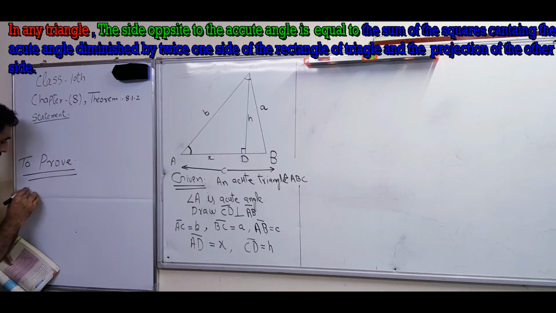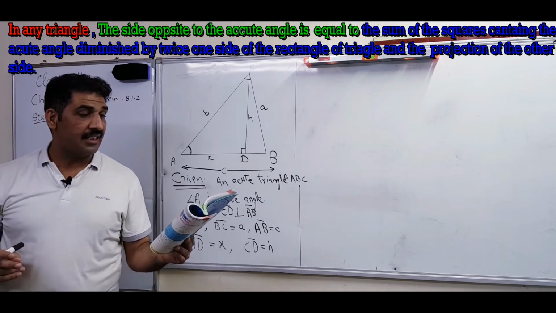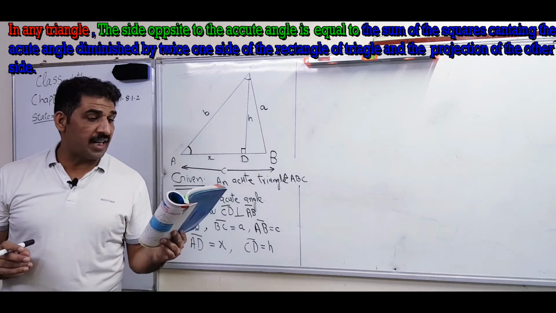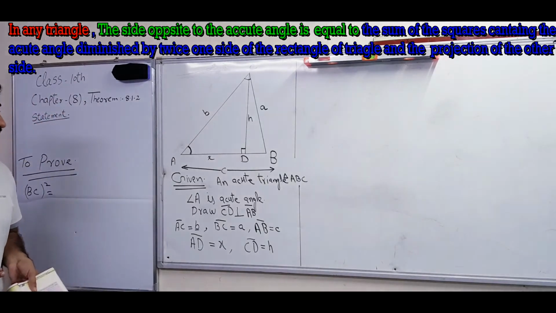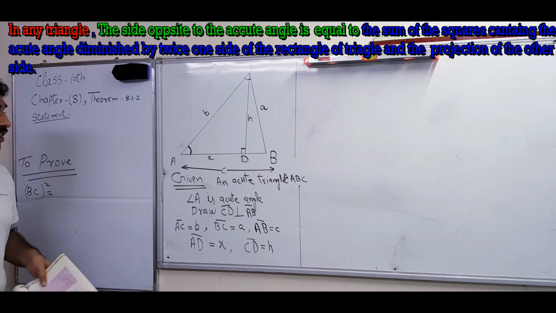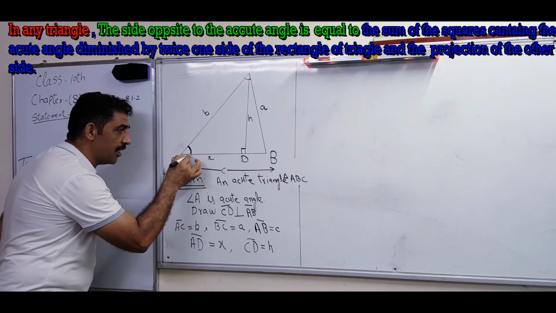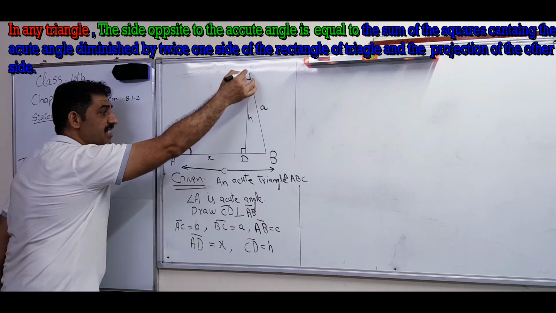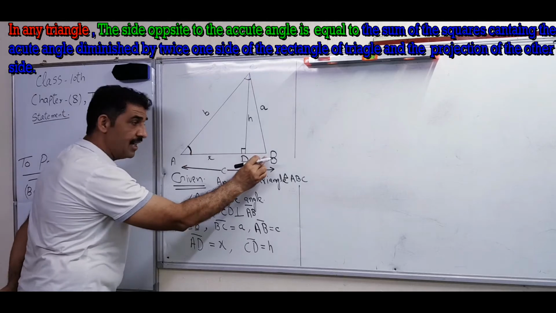According to the statement, BC square is equal, because he said in the statement that the square of the side opposite the acute angle is equal to the sum of the squares on the sides containing the acute angle. That means the sum of the squares of the two sides that make the acute angle. So one side is AC and the other side is AB.